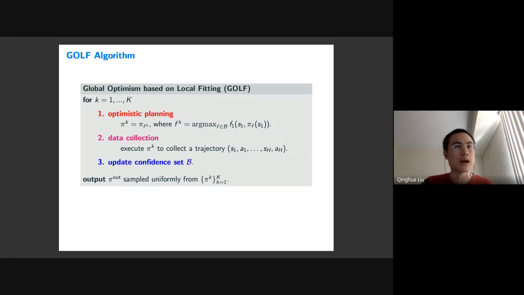In the second step, I just execute this pi_k and collect a new trajectory. And in the final step, I utilize my dataset to update my confidence set, this capital B. So the most important thing here is how to construct this confidence set. I will talk about this in the next slides.